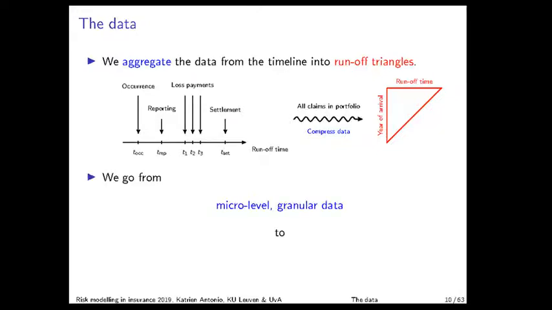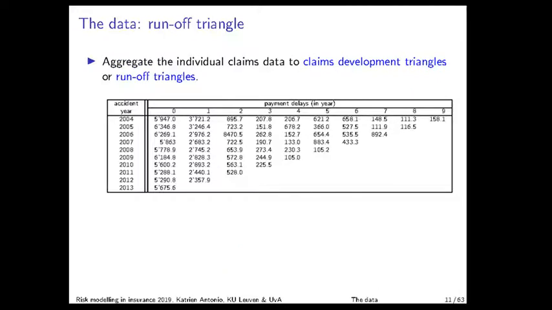So it is clear that we went here from micro-level granular data to macro-level aggregate data. And this triangular structure that we introduced over here, this triangle used in claims reserving, is called a runoff or development triangle. It aggregates the records registered on individual claims. On the vertical axis, the triangle lists the accident or occurrence years during which a portfolio is followed.